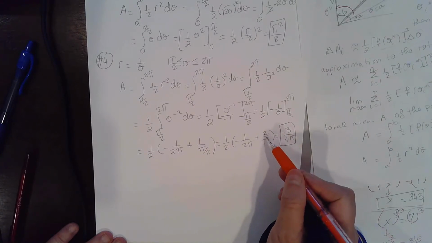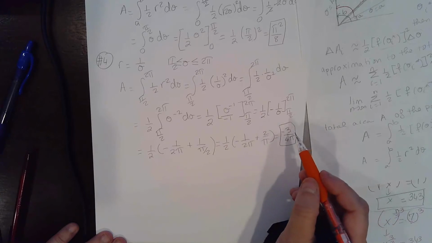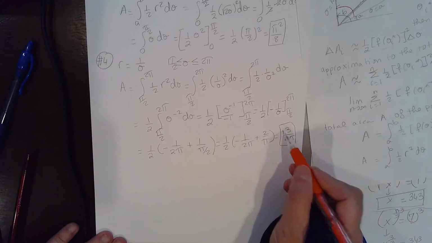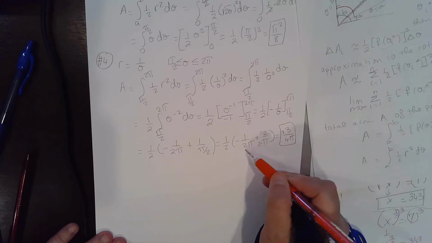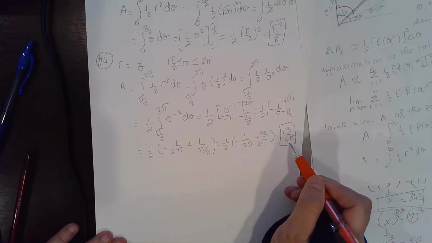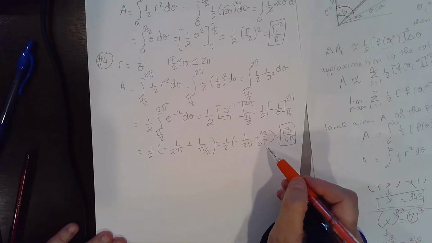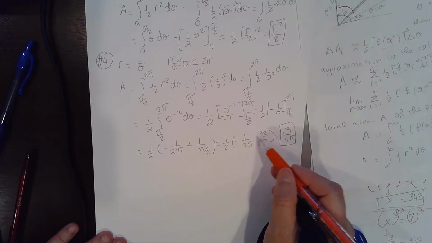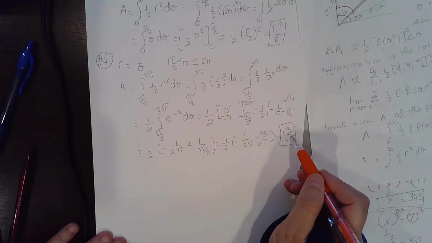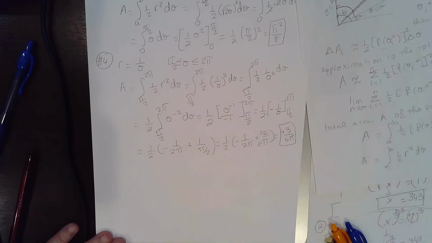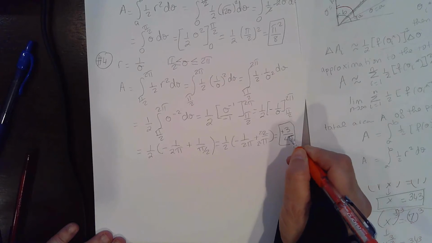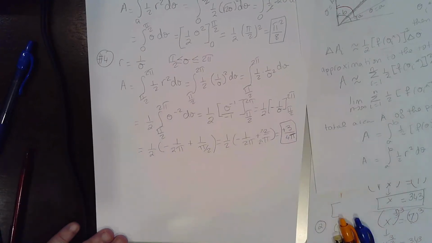So 2 pi, that's 4 over 2 pi minus 1 over 2 pi. That's positive 3, sorry. So here, remember, times 2 times 2, so we have the LCD, 2 pi. And here, 2 times 2 is 4, 4 minus 1 is 3. 3 over 2 pi times 1/2, 3 over 4 pi. So that is your answer. Number 4.